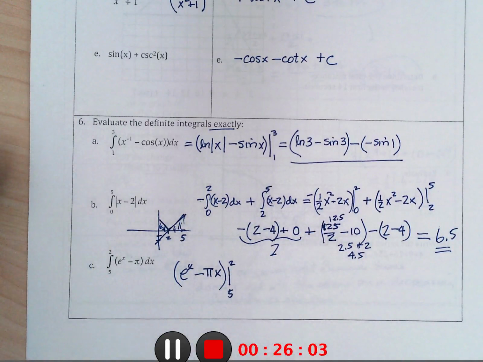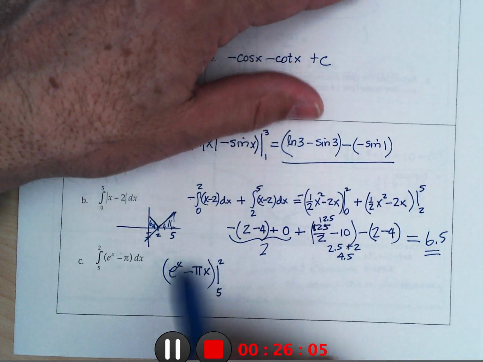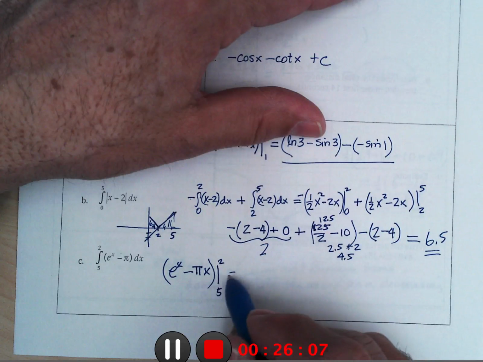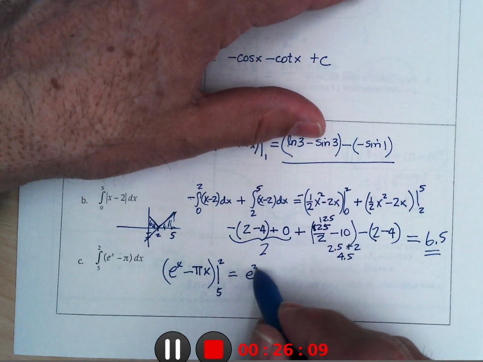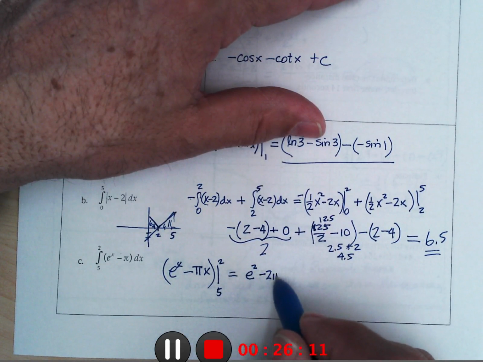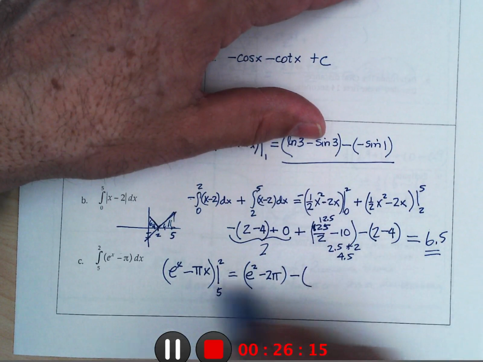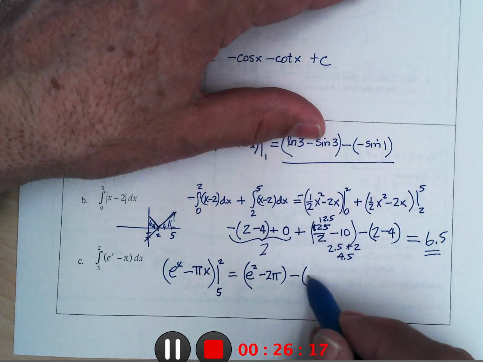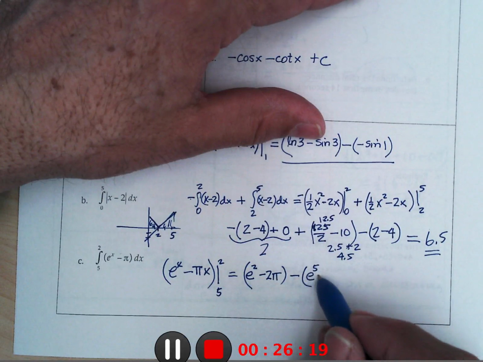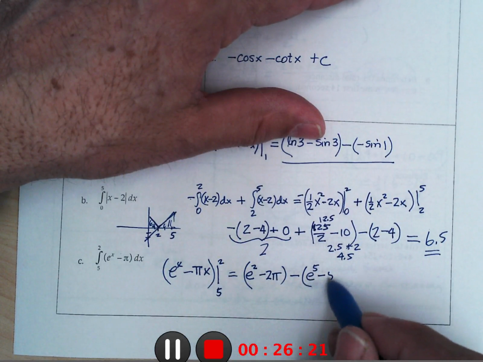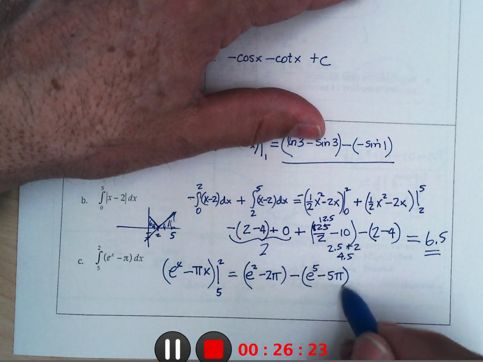So I got to put the 2 in first, and I get e to the 2 minus 2 pi minus e to the 5 minus 5 pi. And that's an exact answer.